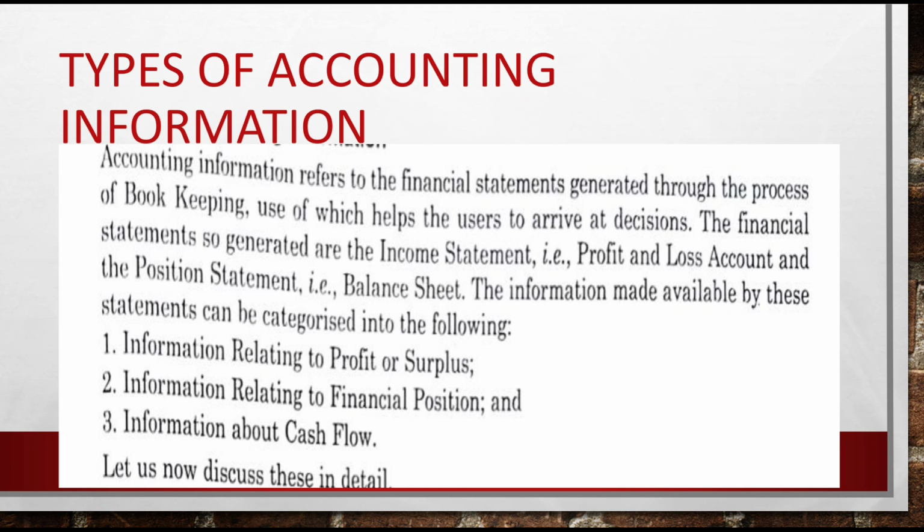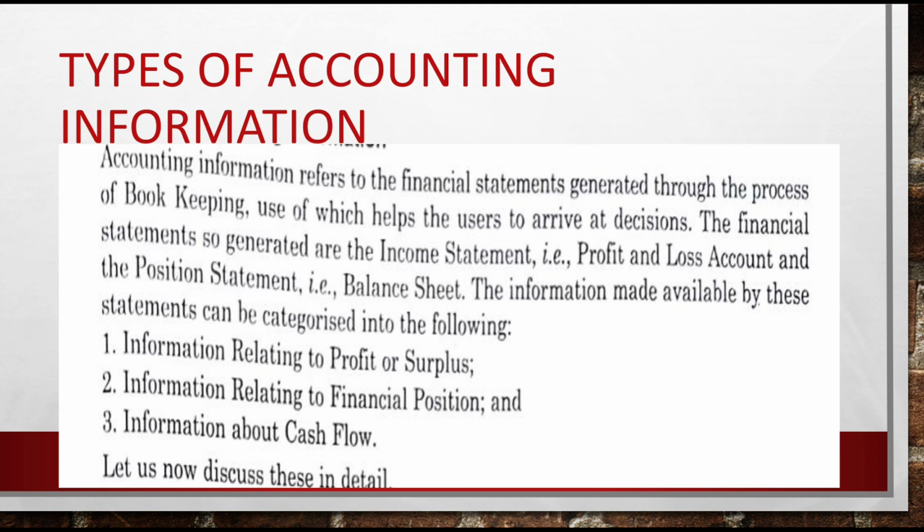Already we discussed that accounting information refers to the financial statements generated through the process of bookkeeping, which help the users in the decision making process. The two main statements they prepare are the income statement, called the profit and loss account, and the position statement, called the balance sheet.